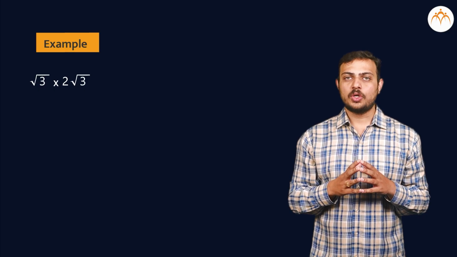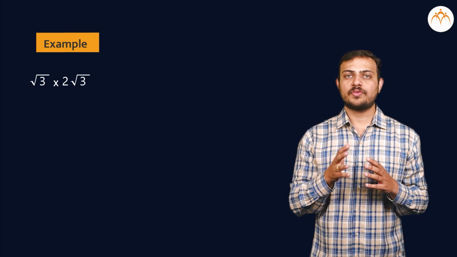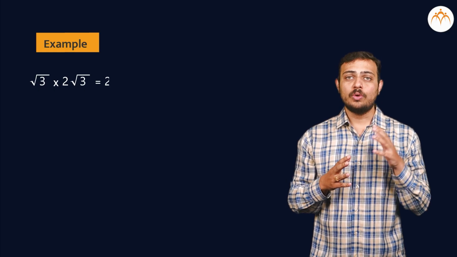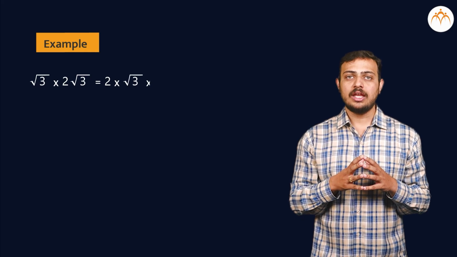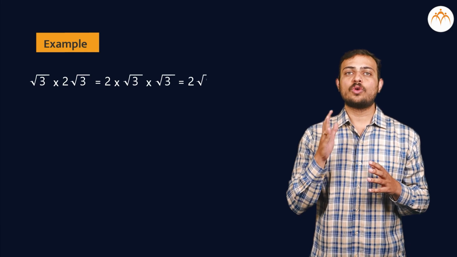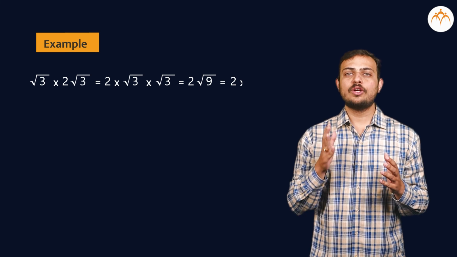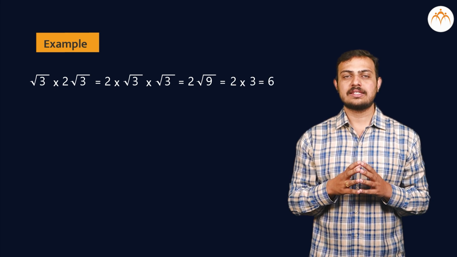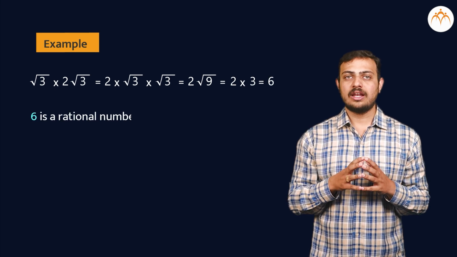Square root of 3 into 2 into square root of 3 is equal to 2 into square root of 3 into square root of 3 is equal to 2 into square root of 9 equal to 2 into 3 equal to 6. 6 is a rational number.